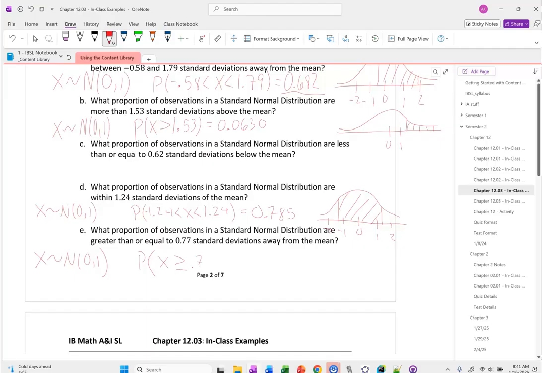So it's actually that. Because what we're talking about in our picture, here's 0, so points greater than 0.77 above or less than 0.77 below, right?